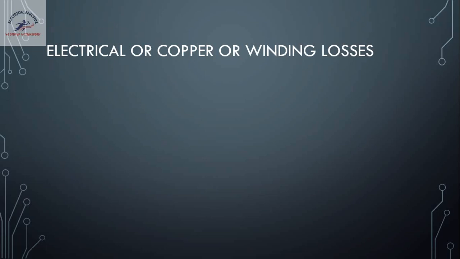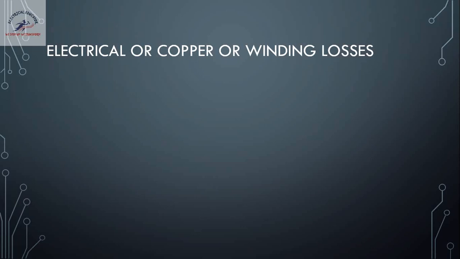The terminology copper loss is used because most of the windings are copper, so we end up calling it copper loss, but actually we should call it winding losses or electrical losses, because in higher rated machines, sometimes in induction motors, instead of copper, aluminum is used as a conductor in squirrel cage rotors. That we shall see later when we deal with induction motors.